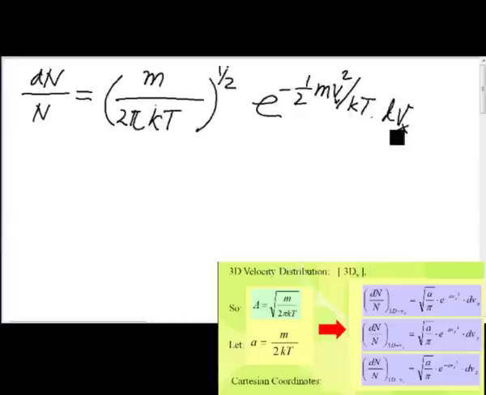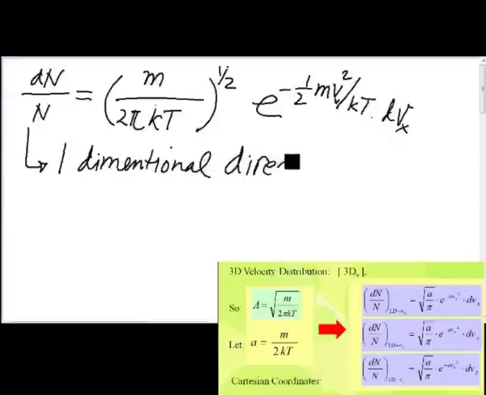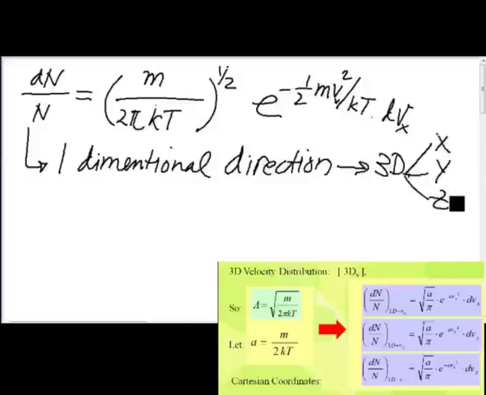What happened? I already mentioned this is only for the one-dimensional direction, but we actually have a three-dimensional direction, x, y, and z. So we have to remember this is only one direction.